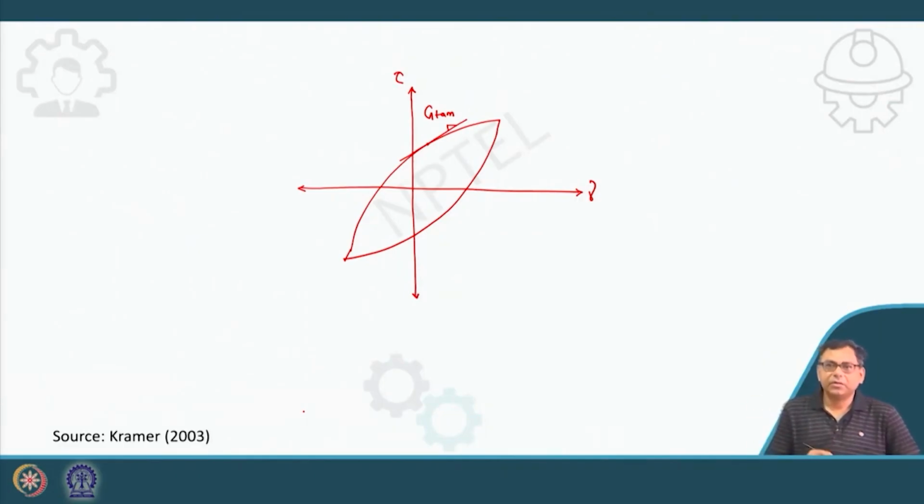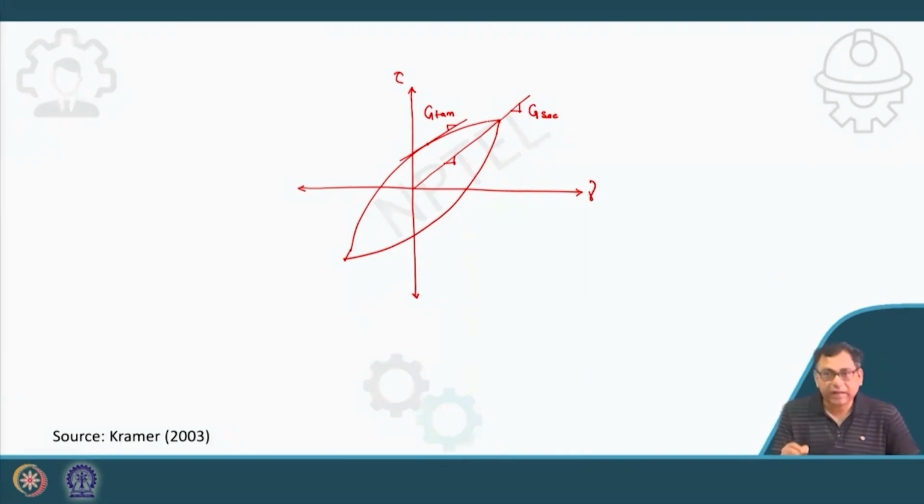So, that is your G tangent, the tangent modulus, but the secant modulus is the average shear modulus of a particular loop. Suppose at this point I want to determine the modulus; if you go to this side, this slope will give me the secant modulus. So, it is the average shear modulus for this loop.